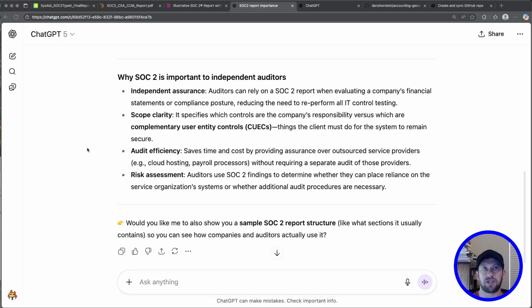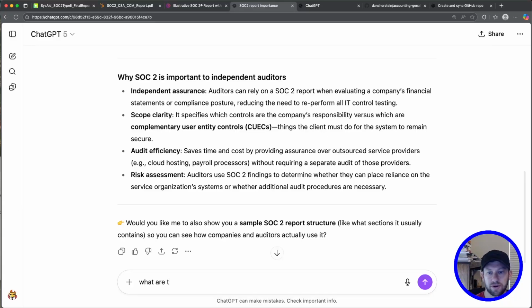Now, some of the challenges that come in for both companies and auditors with a SOC 2 are actually one, reviewing the large files, and then two, understanding how to understand and use something called user controls.